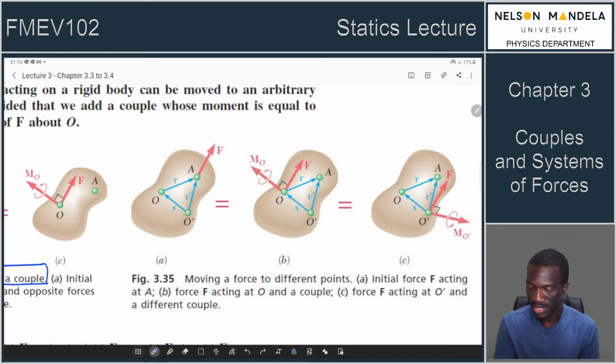We had a force here. We have moved it to O prime, and therefore we should have a counteracting minus F. When we now have a counteracting minus F, it produces a couple with the first force. Then that couple is what we indicate with a couple vector.